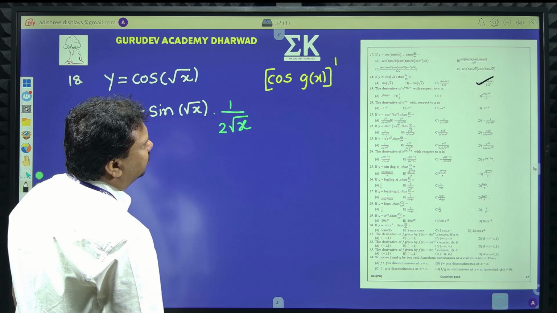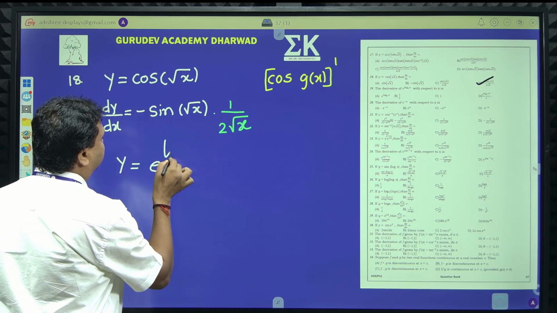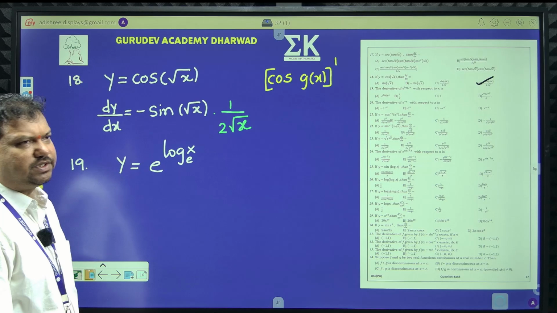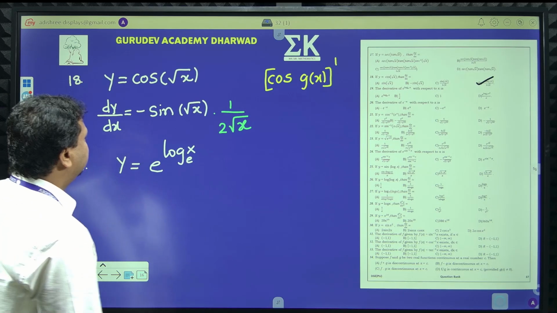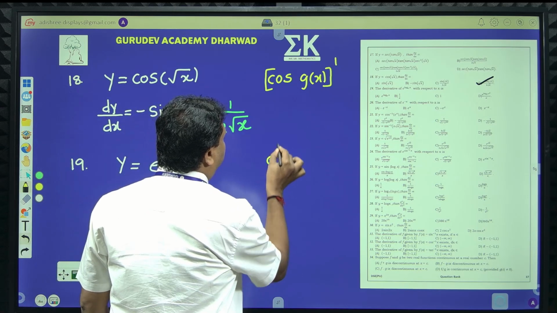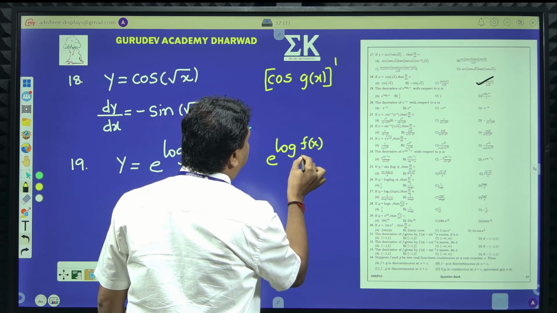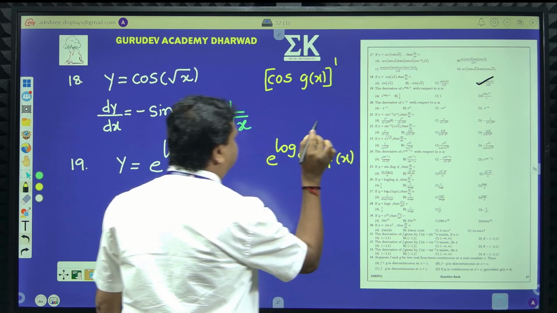Next, question number 19. If y is equal to e to the power log of x to the base e, then what is dy by dx? We already know that e to the power log f of x to the base e can be written as only f of x.